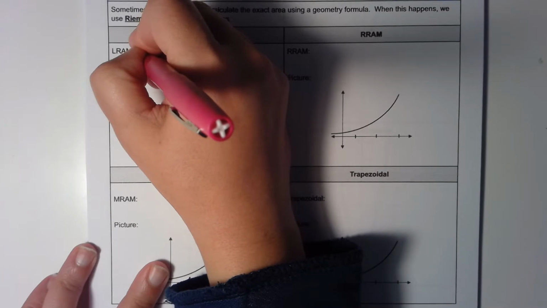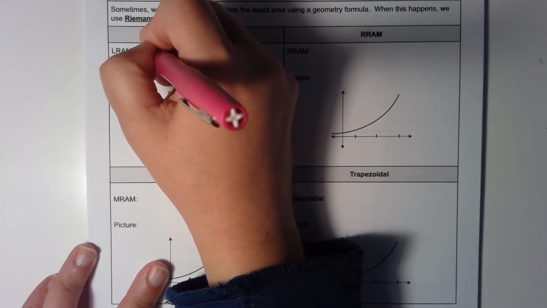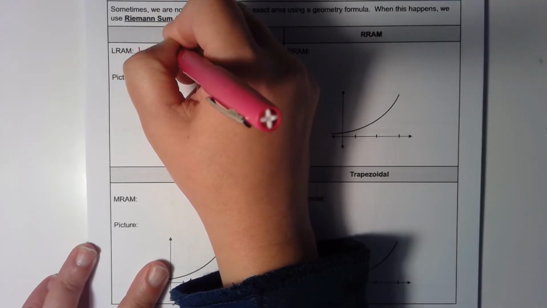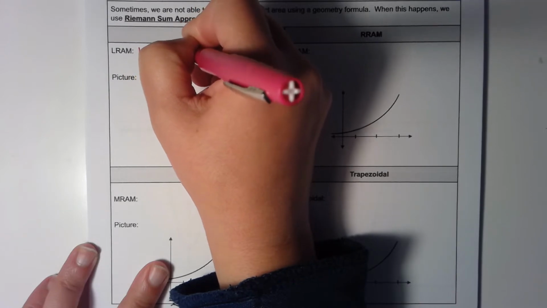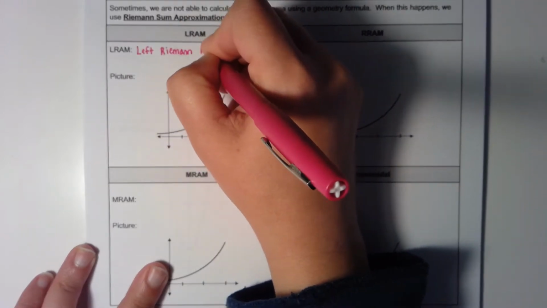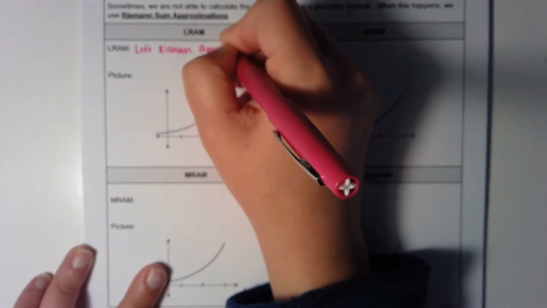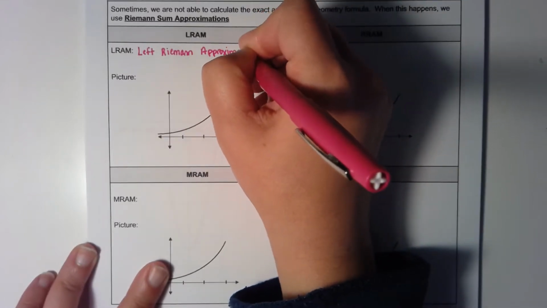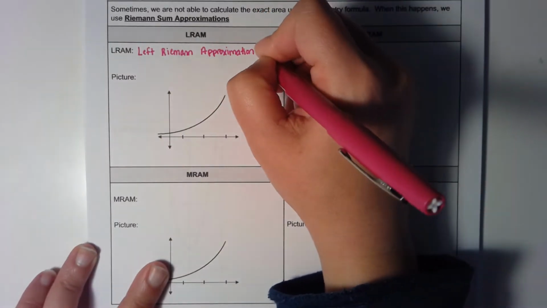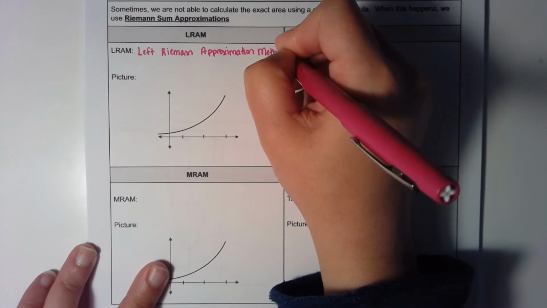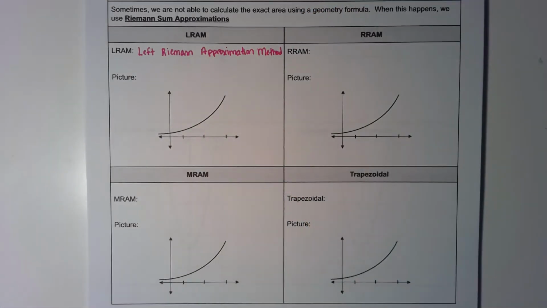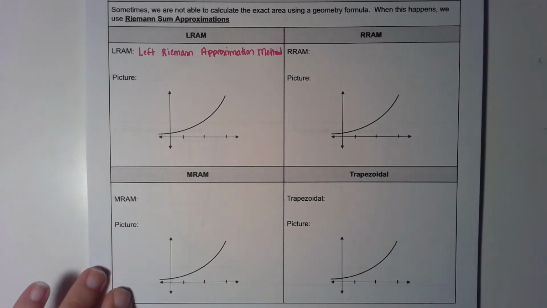So this is the left Riemann approximation method. And here's how this method works. Let's say that I wanted to find the area between this curve and the x-axis over the interval from a to b.